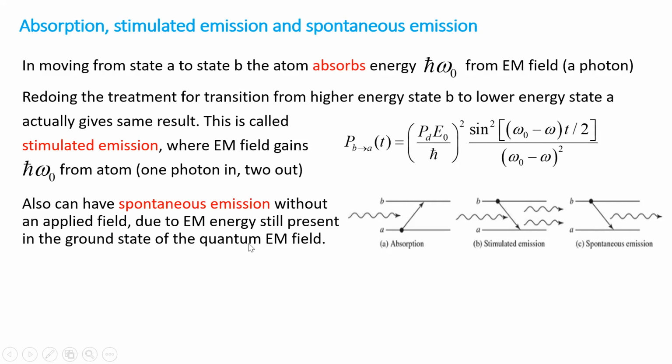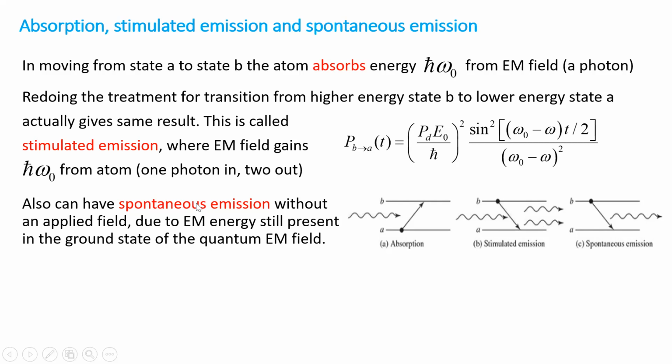Because the electromagnetic field is ultimately quantum, there's still a little bit of energy around, even when there's no directed wave passing through. Because of the uncertainty principle, the electric and magnetic fields can't both be zero. So there's still some little energy kicking around, and that's enough to stimulate a spontaneous emission event.